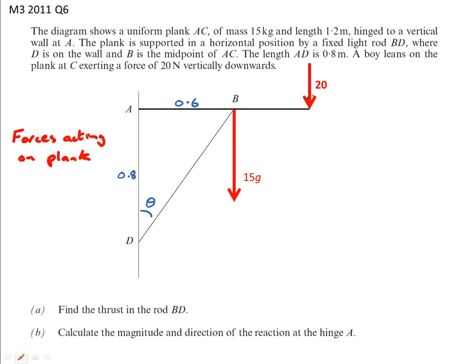We have the force exerted by the boy on the end of the plank of 20 newtons. We have the thrust, or the supporting force, provided by the rod BD, and then we have the reaction force at A. Now the reaction force is an unknown force acting in an unknown direction.